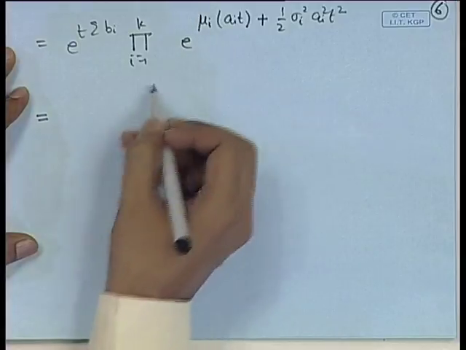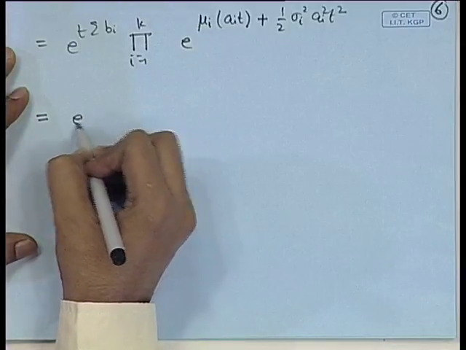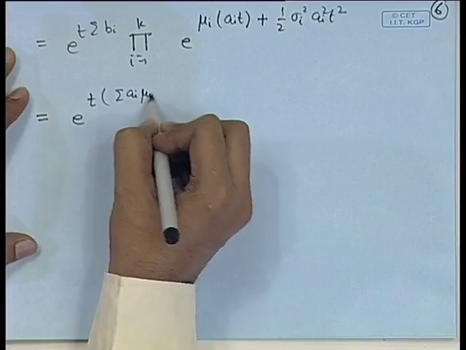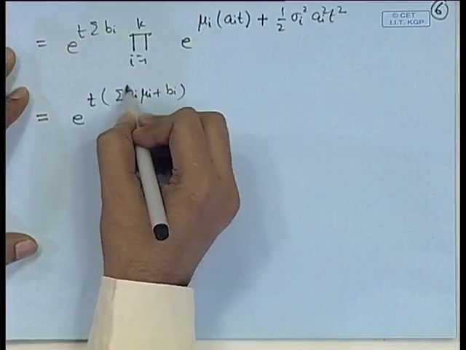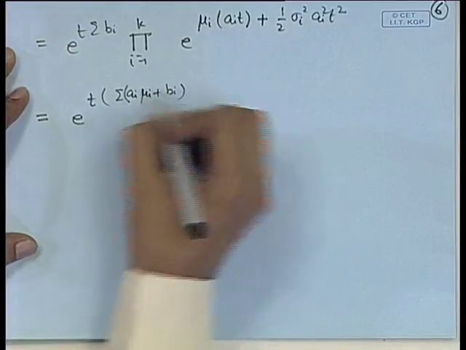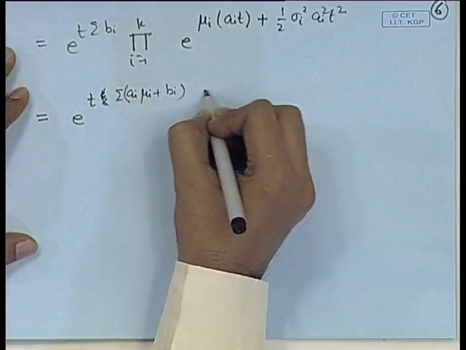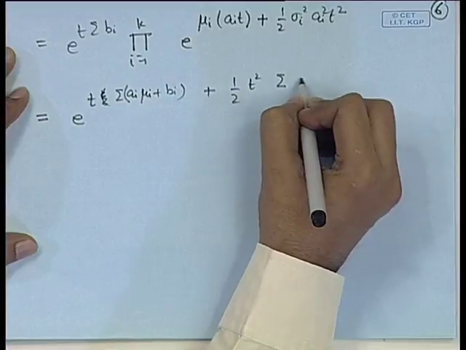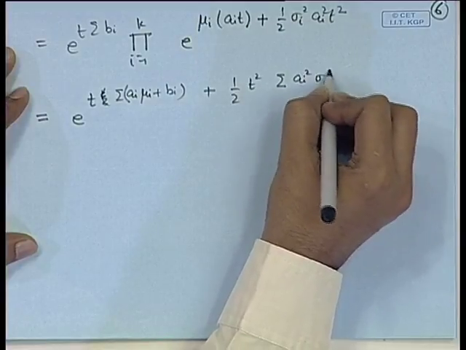So, after adjusting the terms, we get e to the power t sigma a i mu i plus b i, plus half t square sigma a i square sigma i square.